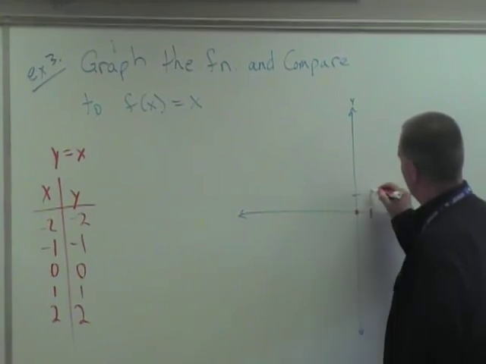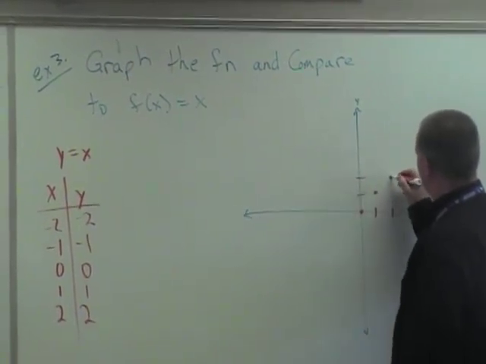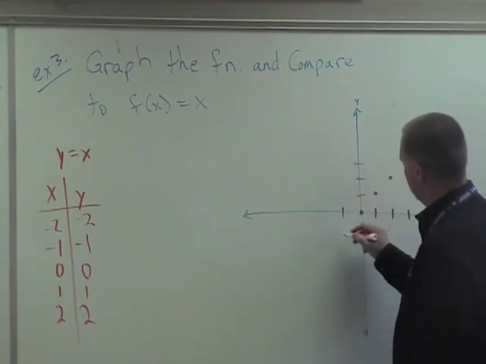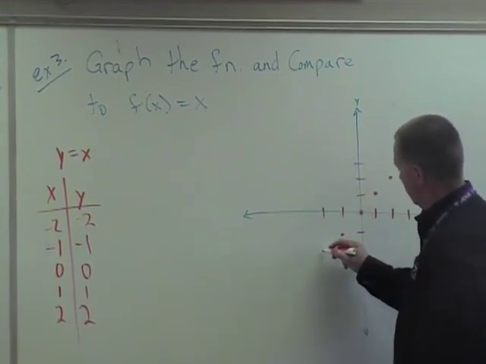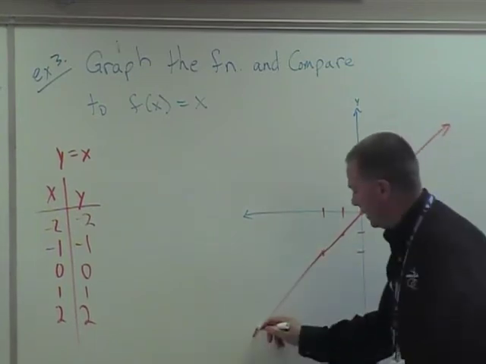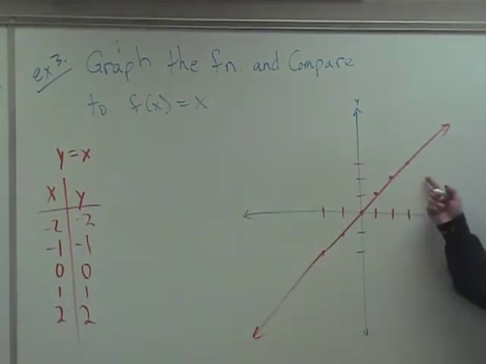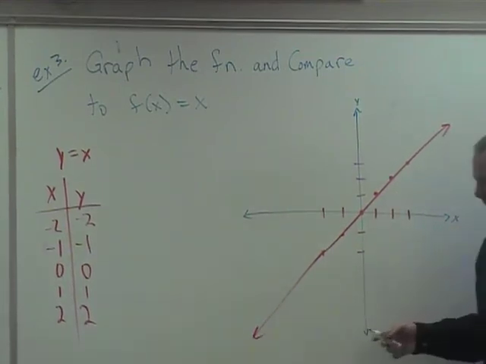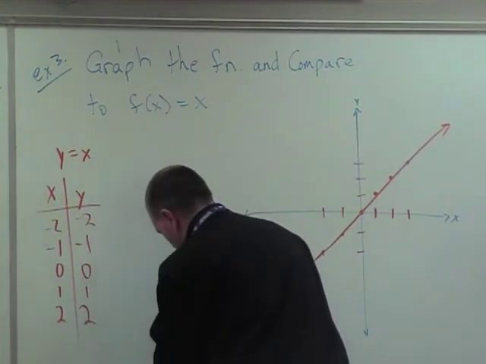When x is 1, y is 1. When x is 2, y is 2. And so on. It makes a straight line, basically a 45-degree angle line that splits those coordinates. So what you're going to be doing is comparing functions to this line, to y equals x.